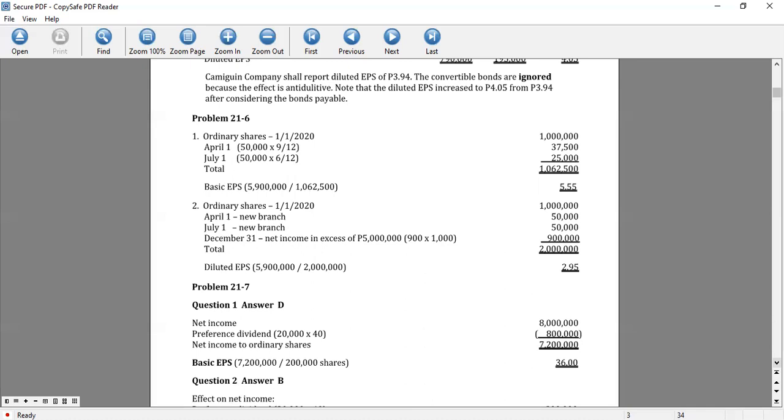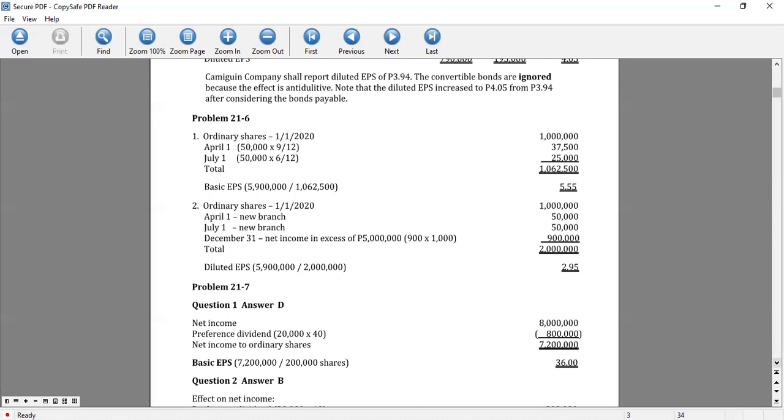Then for number 2, the ordinary shares on January 1, 2020 are here. We have April 1, the new issuance. We really have to include the maximum. We have July 1, the new issuance again of 50,000.